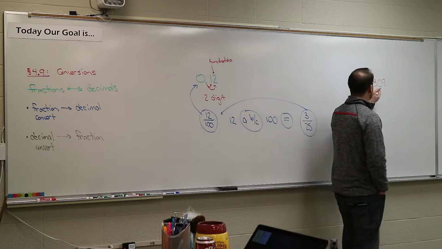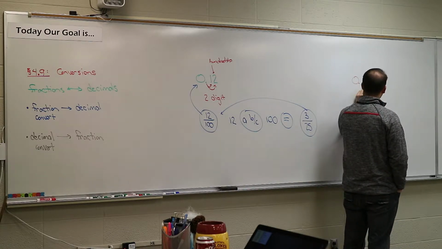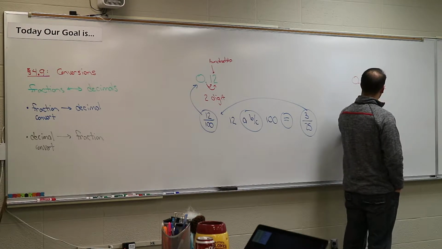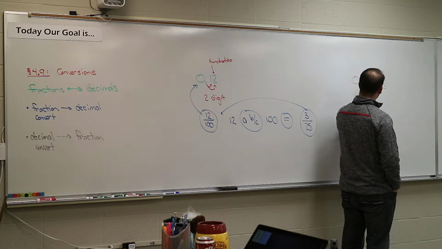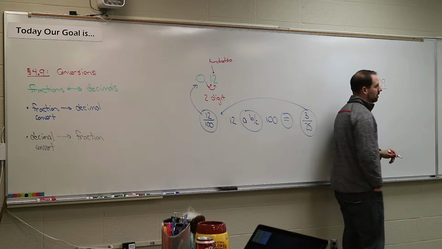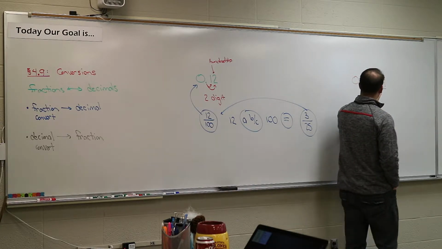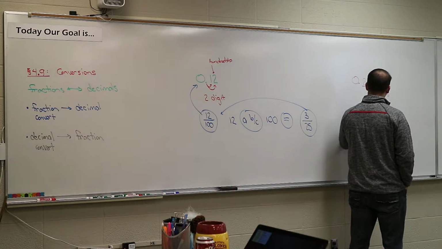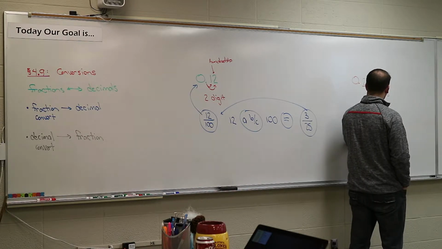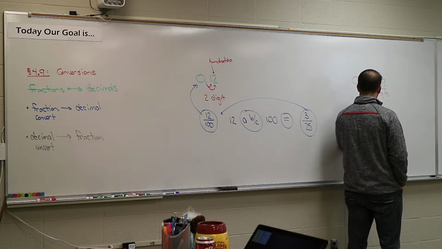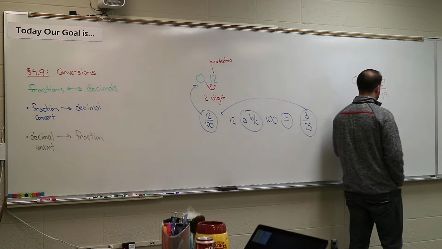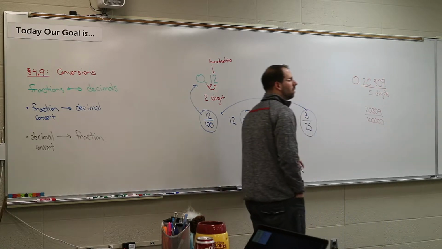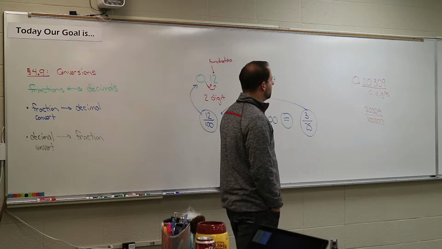Instead of knowing what spot it ends in, how many numbers are behind the decimal? 5. It's 5 digits long behind the decimal. So you're going to put 5 zeros on the bottom. This is the number that's behind the decimal, and you put 5 zeros back here. So no matter how big the top number gets, the bottom number gets bigger. It'll always be bigger on the bottom.